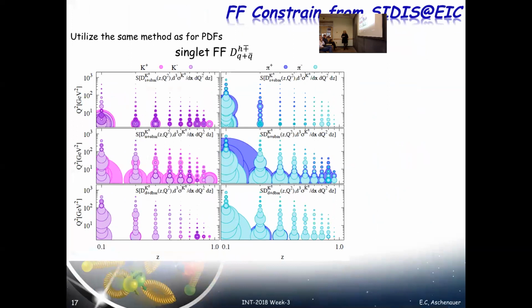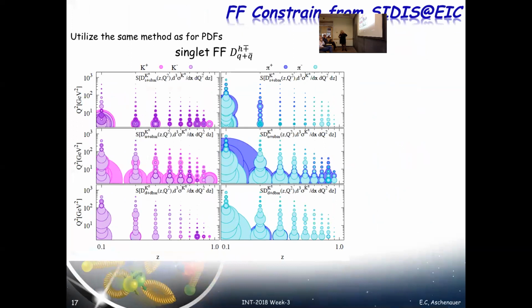Last on this topic, and here I don't have impact fits yet, but we use exactly the same method as for the PDFs for the fragmentation functions. And here you see the singlet, so that you have quark plus antiquark to hadron, which are specified.